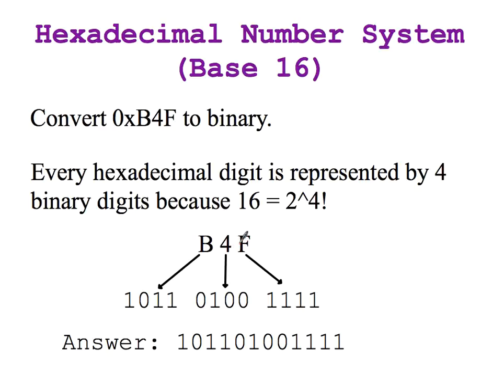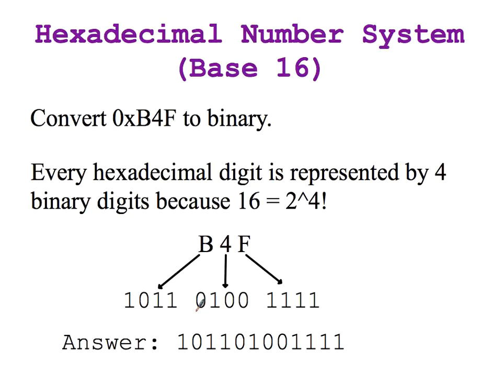And so all you have to do is write down those 4 binary digits in a row and you get the binary value. So for the value F, that's 15. Well, 15 in binary is 1111. It's 1 less than 16, which is the next place value, right?